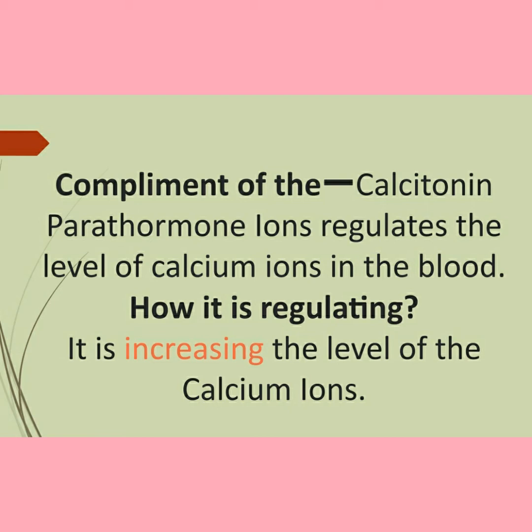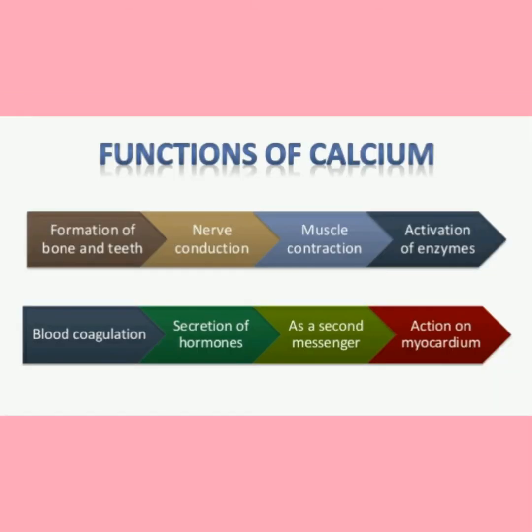And we know that calcium is very important for many activities in the body, such as bone and teeth formation, neuronal activity, skeletal muscle activity, cardiac activity, division and growth activities, and the secretory activities of the glands. All these, and also it helps in the coagulation of blood, that is the clotting of the blood.